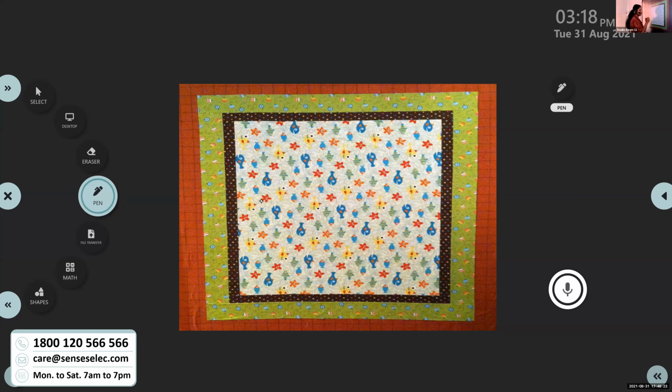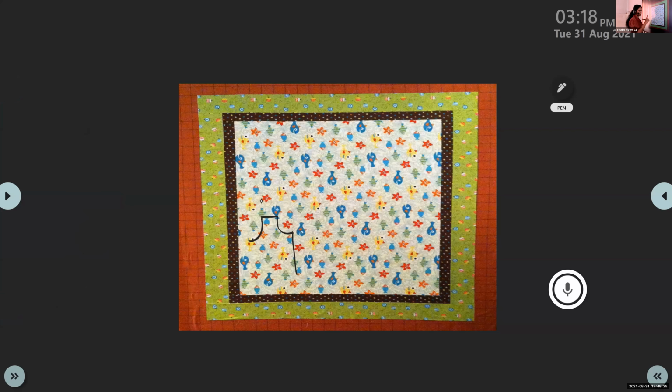So this is my one pattern. I just kept, this is my neckline, this is my armhole. So I just placed this on my fabric. And now I'm going to place my right side pattern on the same fabric, for cutting.